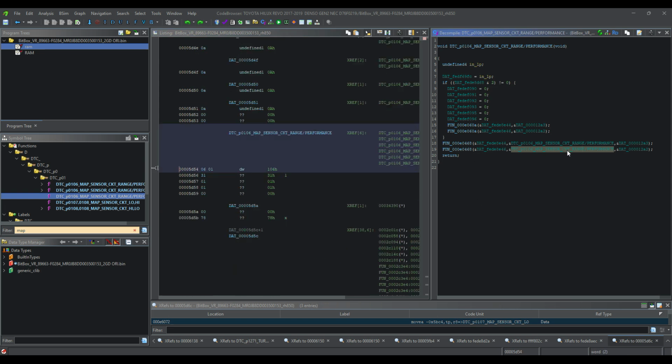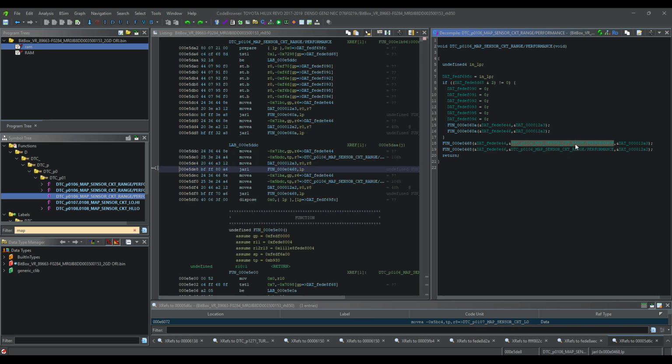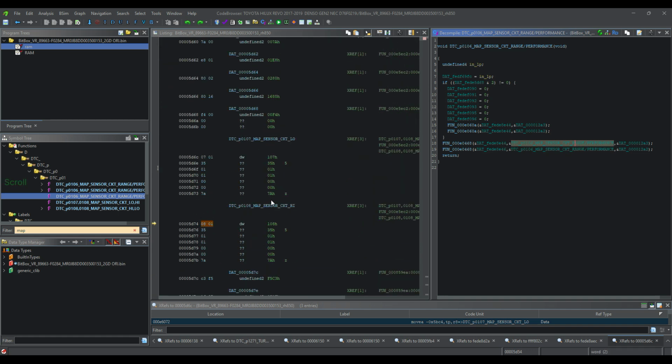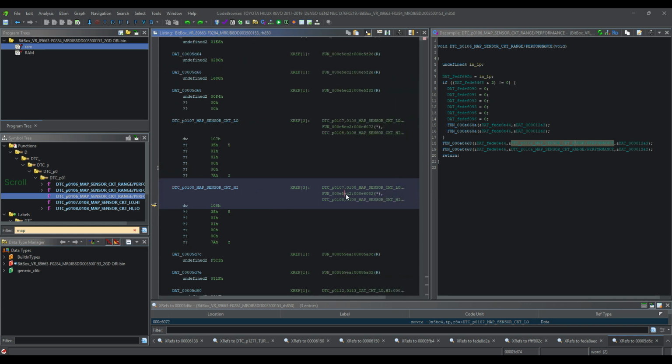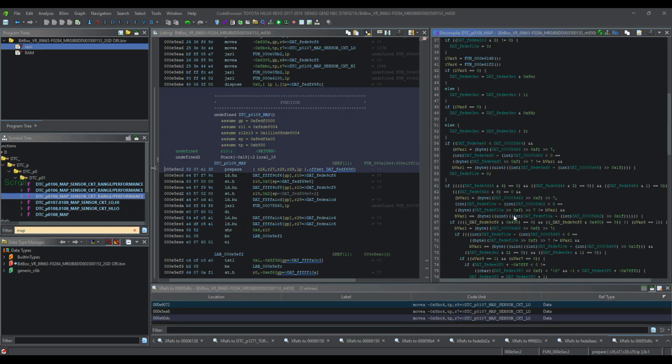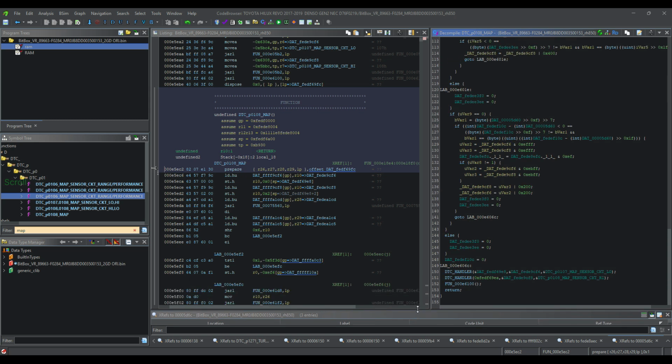So in this video, we're going to go ahead and find our sensor linearization maps from circuit high, circuit low DTC functions. One thing I'd like to point out, we're getting the opportunity to look at the disassembly a little bit. So something I was mentioning about registers at one point, it does some weird stuff sometimes.